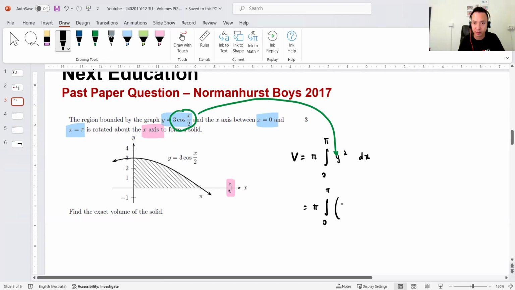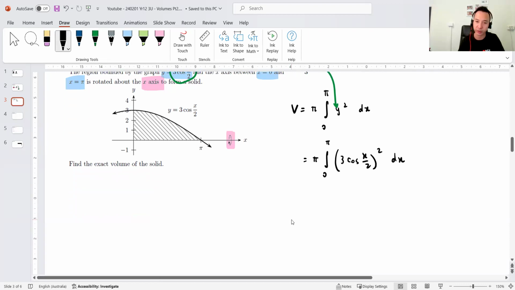Now, I'll be good, and I'll show working out. Square that, it becomes 9. So I'll bring the 9 out quite immediately, 0 to pi cos squared x on 2 dx. Now, once again, I love integration because if you were to differentiate cos squared, pretty easy, just use the chain rule.